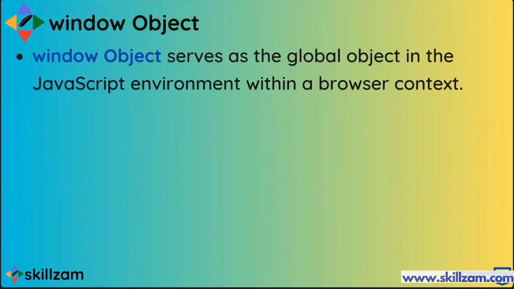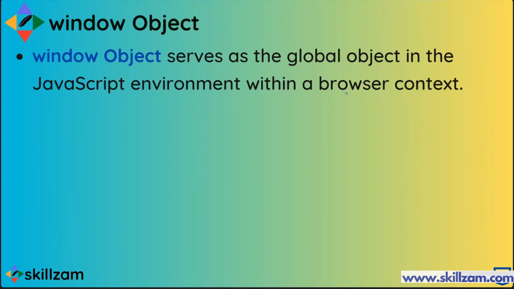Now, let's take it one by one. Now we said that the window object is part of the BOM, the browser object model, and the window object serves as a global object in the JavaScript environment within the context of the browser. Okay, what it means is the browser that we are talking about in our example is Chrome.